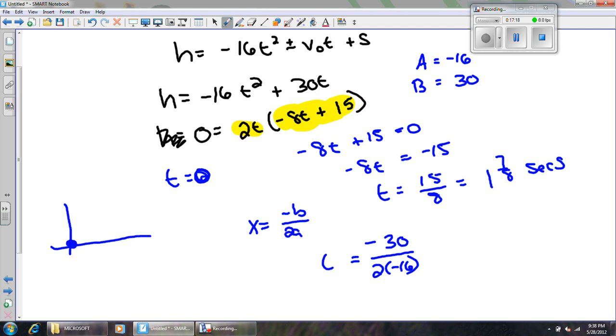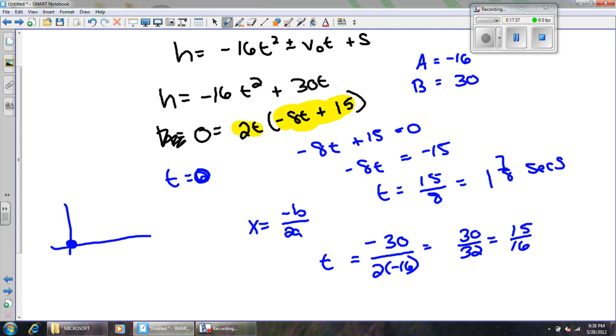In this case it would be t instead of x, but that's a minor detail. I'm going to get 30 over 32. You're probably wondering what happened to the negatives. I canceled them out. And 30 over 32 simplifies to 15/16. So it's going to reach the maximum height just shy of 1 second.